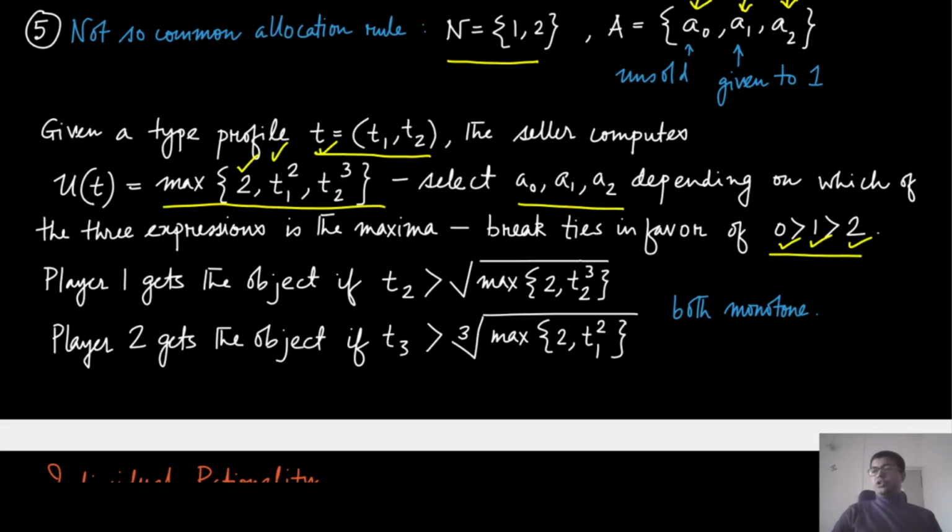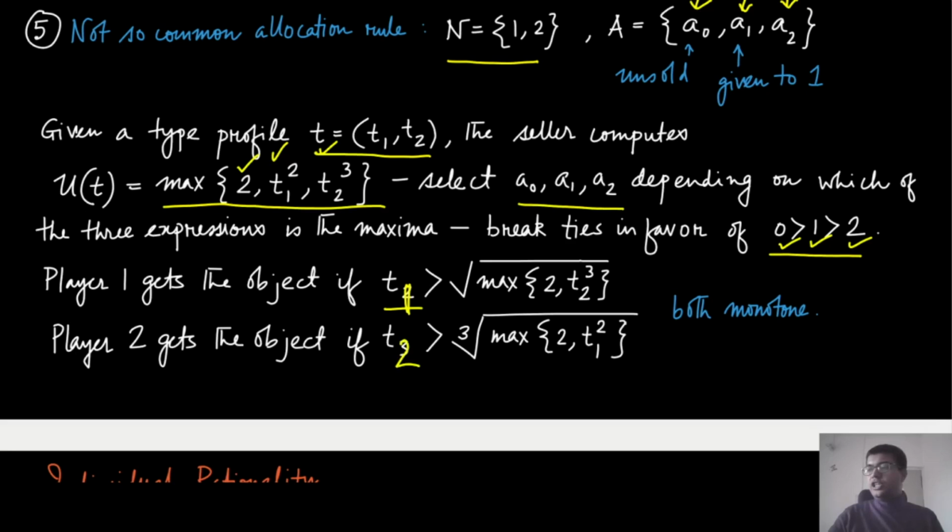Now you can do a very similar kind of analysis to find out what the allocation will be. This is going to be a very similar thresholding kind of thing. So for player 1, when T1 is larger than the square root of the max of 2 comma T2's cube, when T1 is the maximum of all these things, then the object goes to player 1.